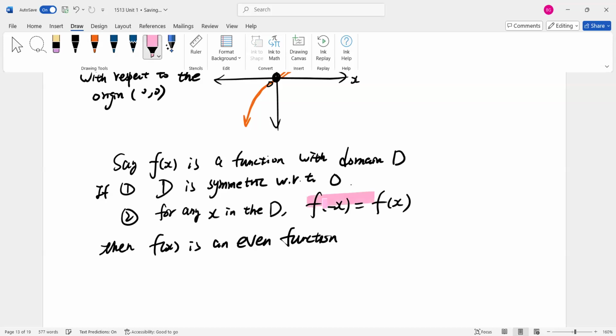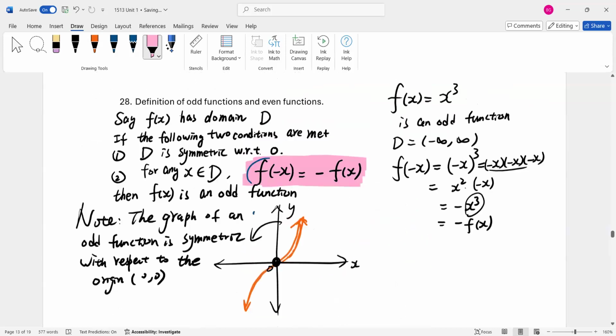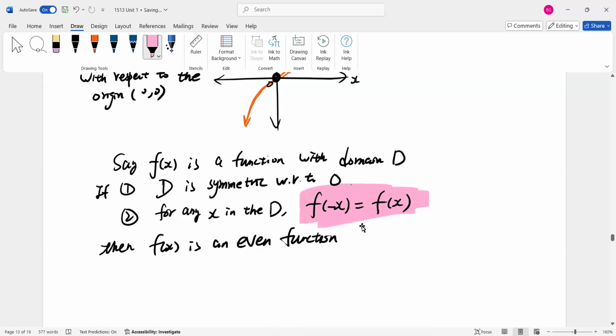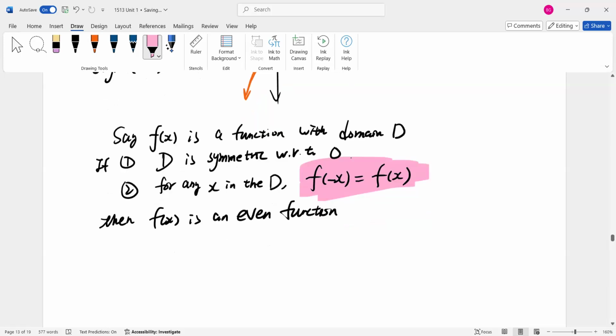And this is the focus of this definition, and that's the only difference between the two definitions. That condition is for a function to be odd, and this condition is for a function to be even. For a function to be even, besides the domain being symmetric, when the input becomes its opposite, the corresponding output is still the same.